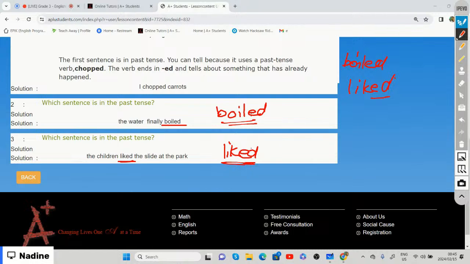All right. So these are examples of regular past tense verbs where we either add the ed to the word boil, or we add a d if the word ends with an e.